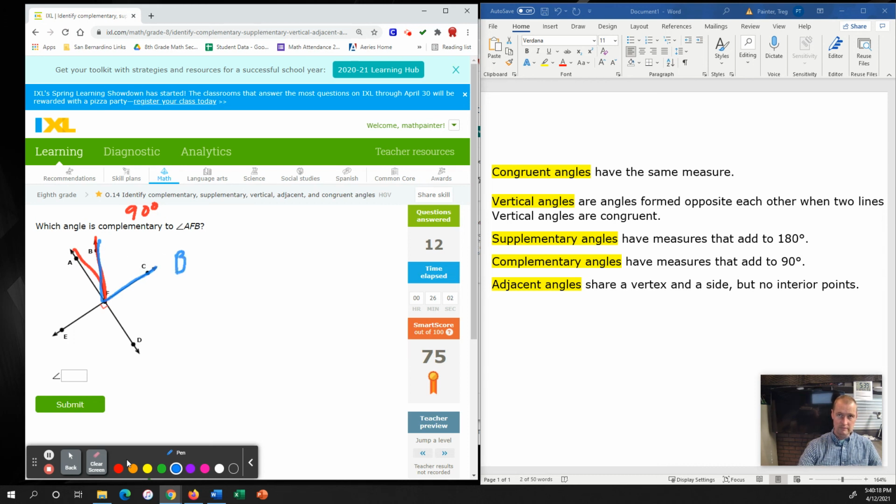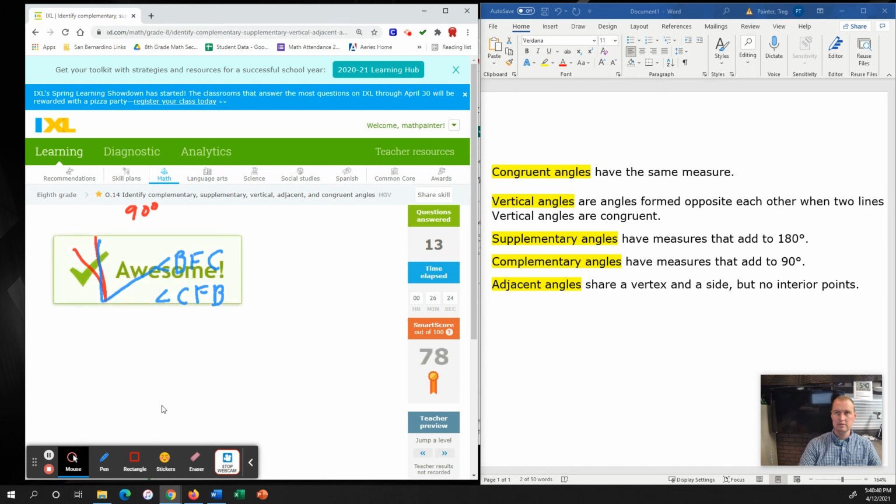Let's do BFC, but you could also do it in reverse order and say that it's CFB. So either one of those would be correct answers because it's the same angle. All right, so let's plug in B, F, and C. And lowercase is fine. You don't have to capitalize it.